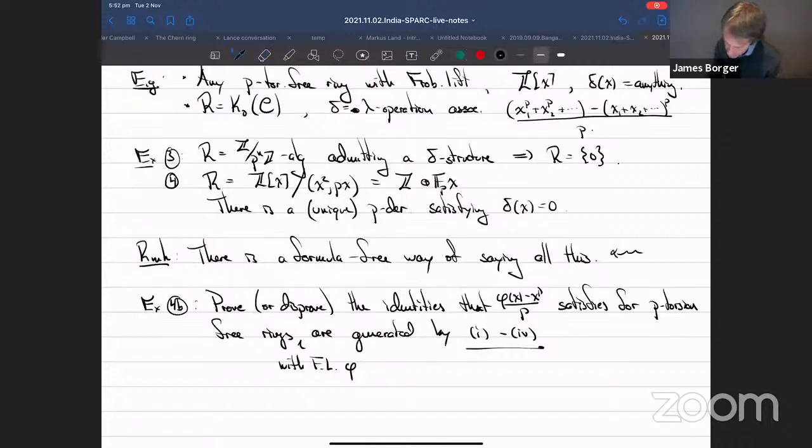You would look at all the relations that such an operator would satisfy if you restrict to p-torsion-free rings with Frobenius lift, and you would call that structure a delta ring structure, and then you would prove that those identities are generated by the simple ones we wrote down above with the formulas. Maybe that wasn't so clear. I don't know if there are any questions.